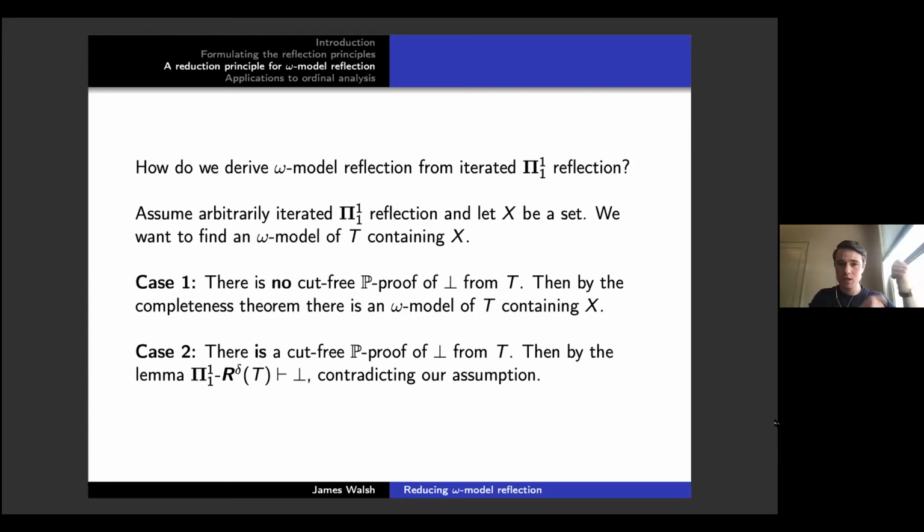Our assumption was that we could iterate Pi-1-1 reflection arbitrarily far. So case 2 doesn't happen. We're just in case 1. So from arbitrarily iterated reflection, we get an omega model containing the set. So that's the idea of the proof.